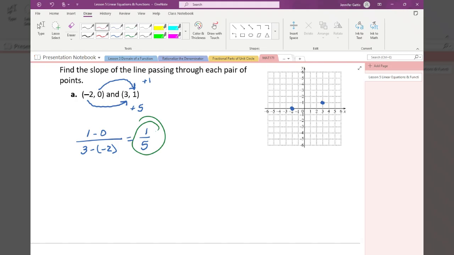So when we draw this line through here, we can also see that we rise 1 and run 1, 2, 3, 4, 5. So we rise 1 and we run 5. Our slope is 1 over 5.